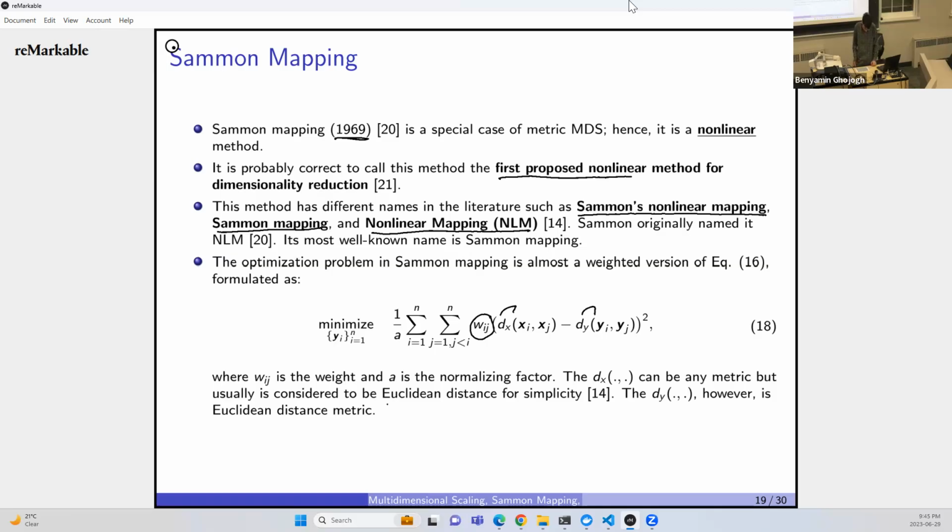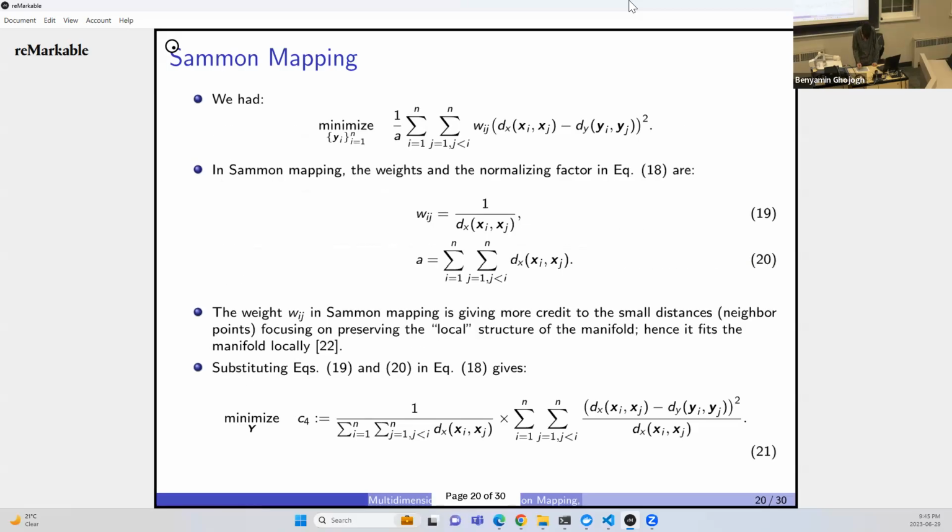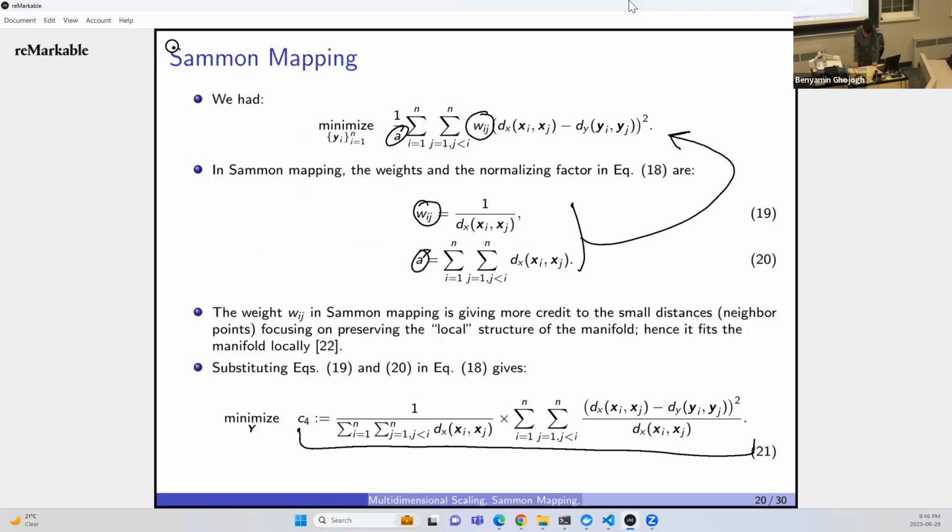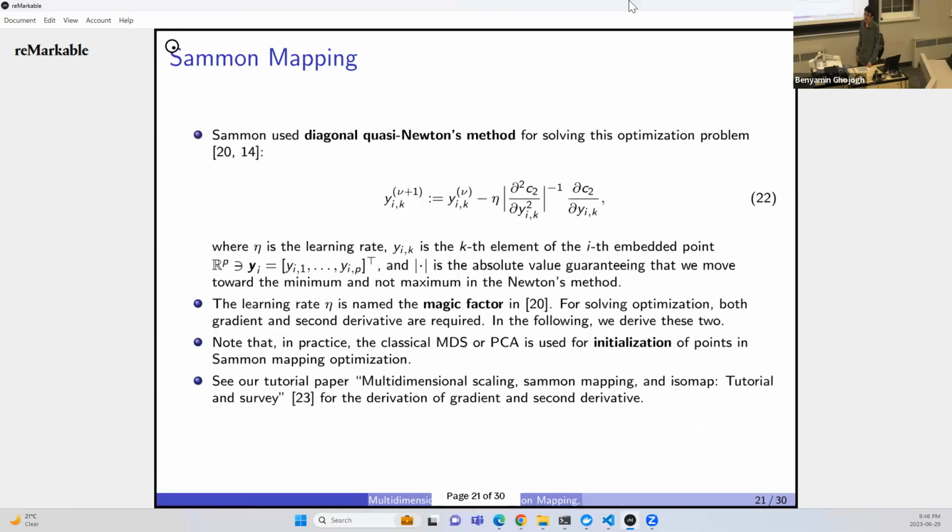So this is a cost with some weights. This weight is just a normalization factor, and this A is also a normalization factor. If you put these inside, the cost becomes this. It doesn't matter. Then you solve it iteratively.